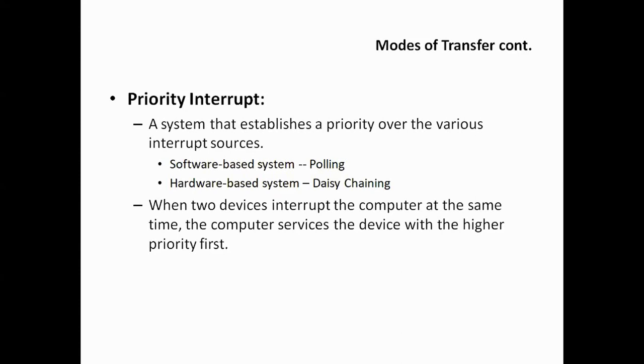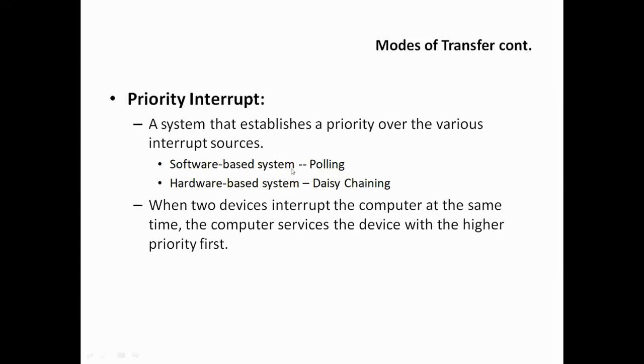For example, if the magnetic disk wants to send data and at the same time the keyboard also wants to send data, there must be a priority, who is to be given higher priority and who is to be given secondary priority. Obviously in these two it should be the magnetic disk which should be given more priority. So how to give this priority?